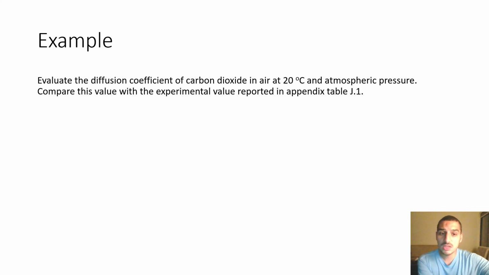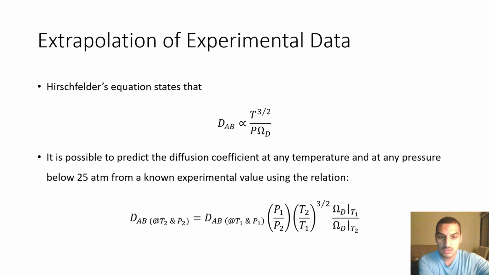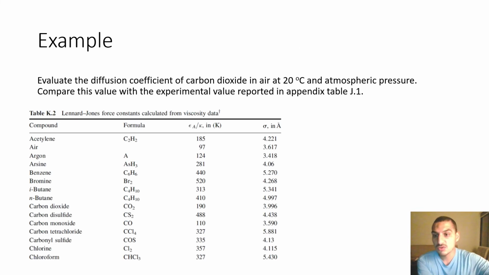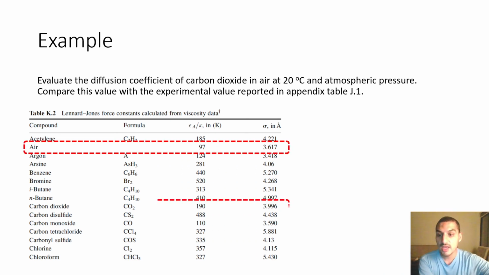So first we'll check the tables to see what information we can get. From the table of Lennard-Jones force constants, we can find that we have air and we have carbon dioxide.